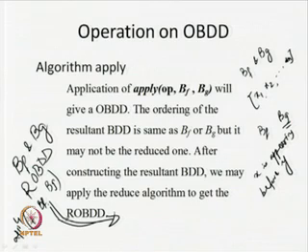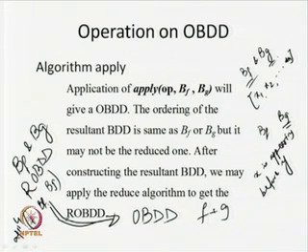It will give me an ordered BDD which represents f plus g, and the ordering of the variables is the same as the ordering of BF and BG. So, the resultant BDD is also an ordered BDD, and its ordering is the ordering of the two input BDDs. But after application of this apply operator, whatever BDD we get may not be a reduced one.